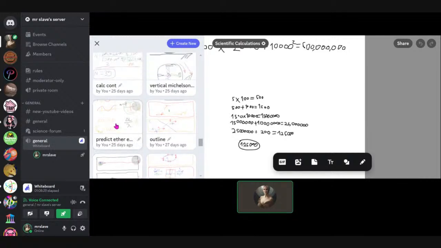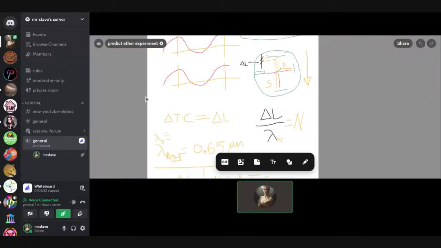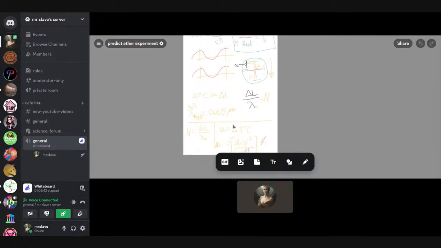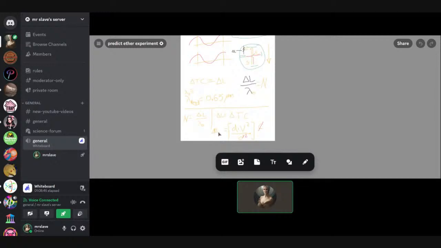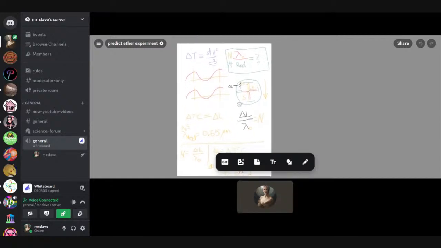Lorentz predict ether. Maybe this. The difference in time. The difference in length. The difference in time. That doesn't help me.